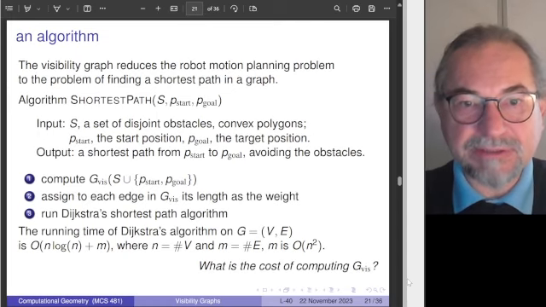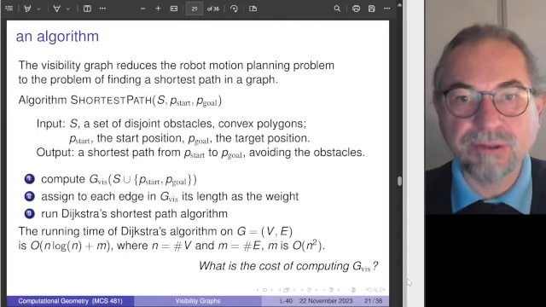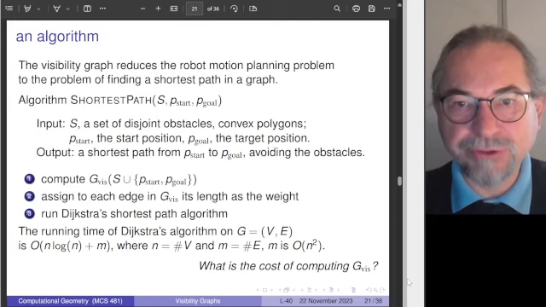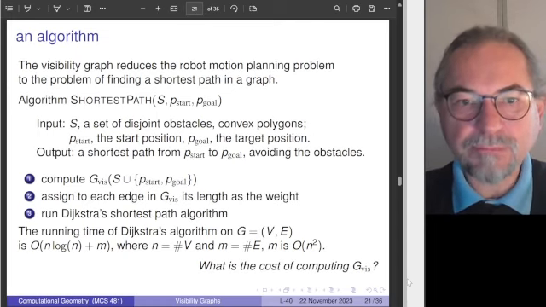So here is the method formalized into an algorithm. So we reduce the shortest path for a point robot to finding a shortest path in the visibility graph. So the visibility graph is computed in the first step of this algorithm, where again the vertices of the graph are the vertices of the obstacles, which are convex polygons.